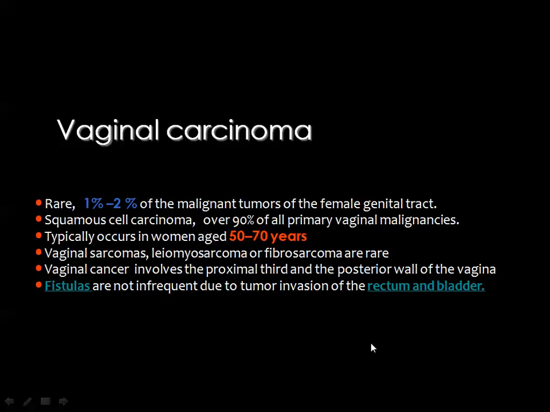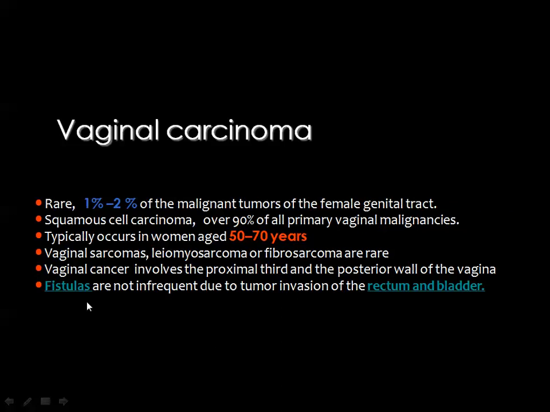Finally, the vaginal carcinoma is rare and it represents about 1 to 2% of the malignant tumors of the female genital tract, and the age of incidence is about 50 to 70 years. Most of these tumors are of the squamous cell type. Other malignancies can occur in the vagina, like the sarcomas, as leiomyosarcoma and fibrosarcoma.